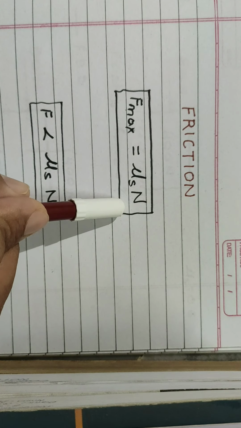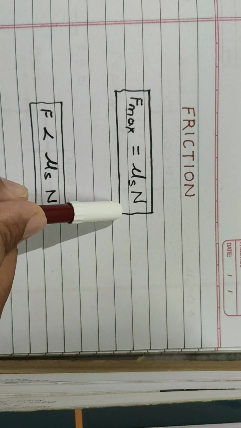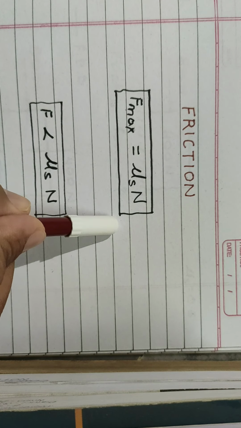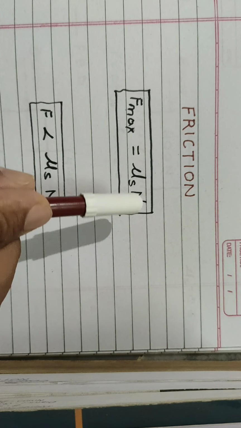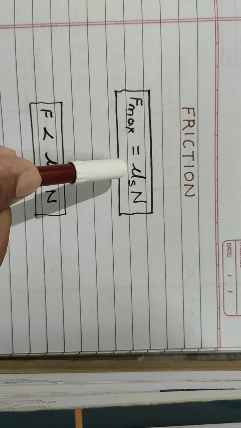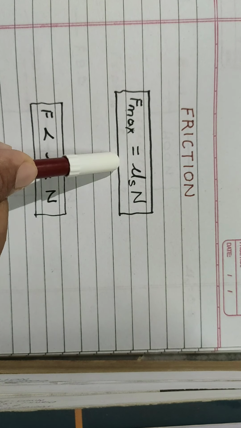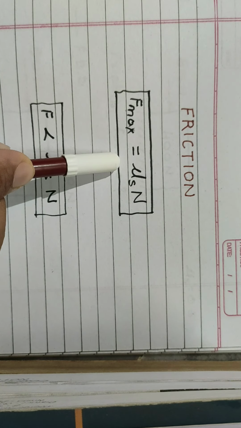This equation describes only the limiting or maximum value of the static friction force and not any lesser value. This equation is applicable only when motion is impending, that is, motion is just about to start.